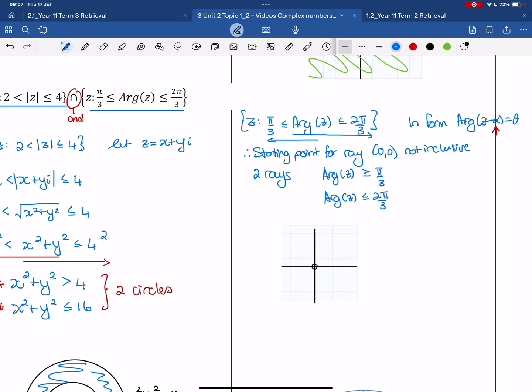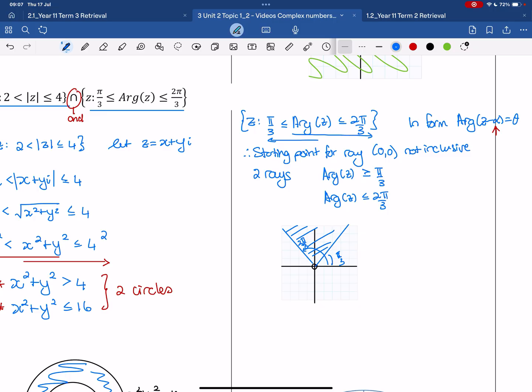Okay, so I've got an angle here of pi on 3, greater than or equal to, solid line, and then another one at 2 pi on 3. So this angle is my pi on 3. This angle is my 2 pi on 3, and I'm interested in this region between the two.